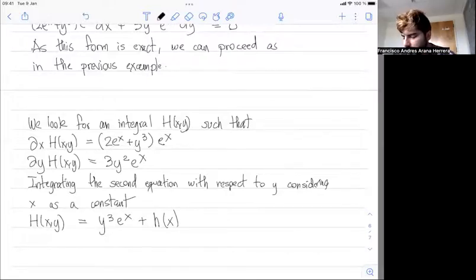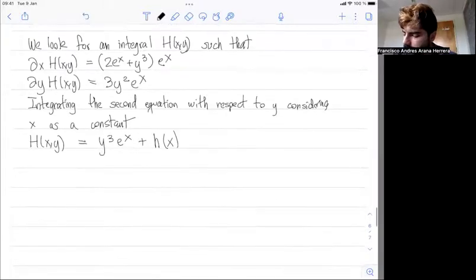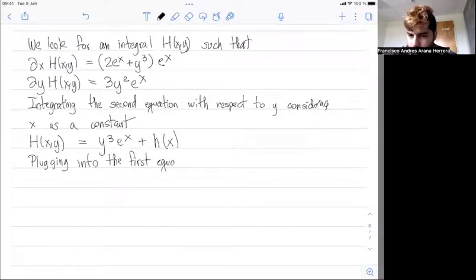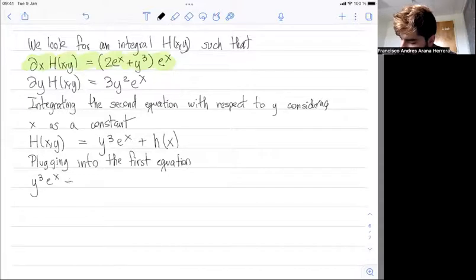So we know that capital H of x,y should be y cubed e to the x plus some function of x. How to figure out that function? We go back and plug into the other equation, which in this case would be the first one. So the partial of H with respect to x is y cubed e to the x plus h prime of x.